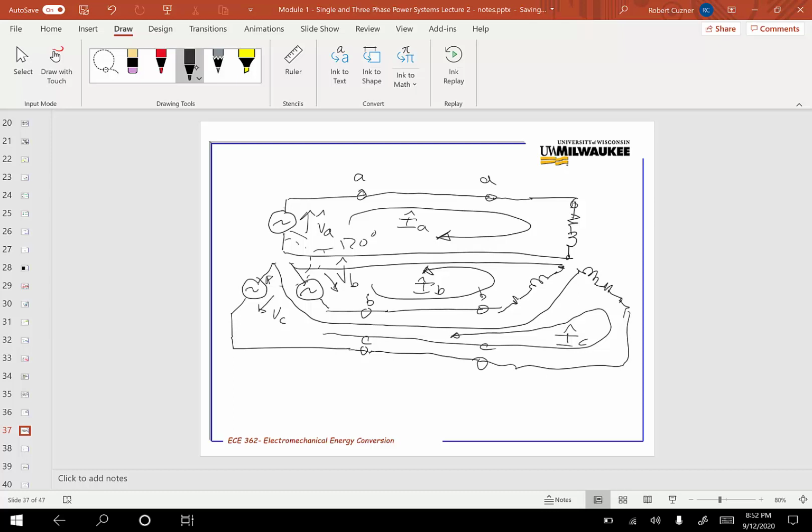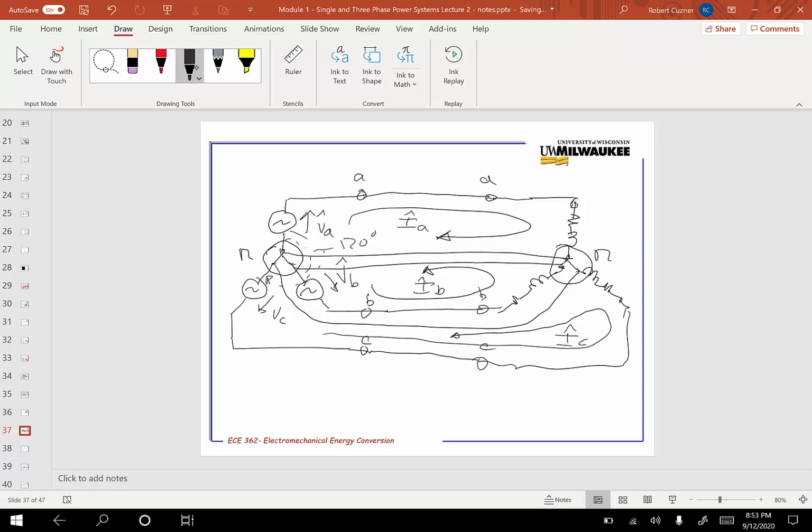There is a common point of reference when it comes to voltage at this side and on this side, and that common point of reference is referred to as the neutral. It follows that these 3 points could be connected together.